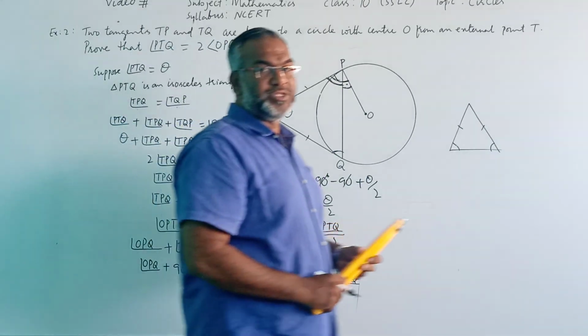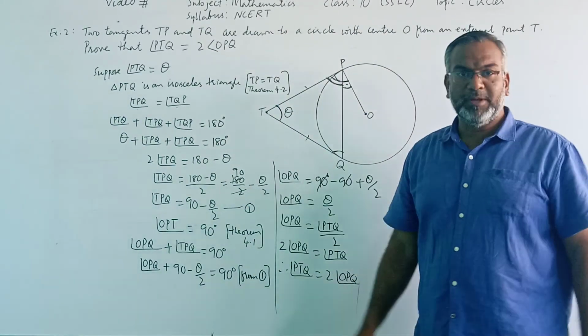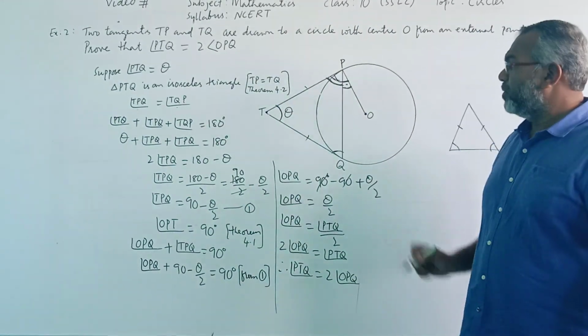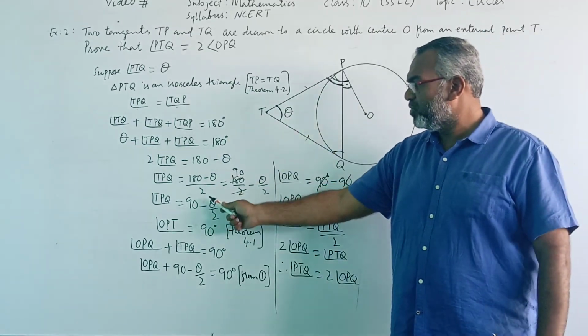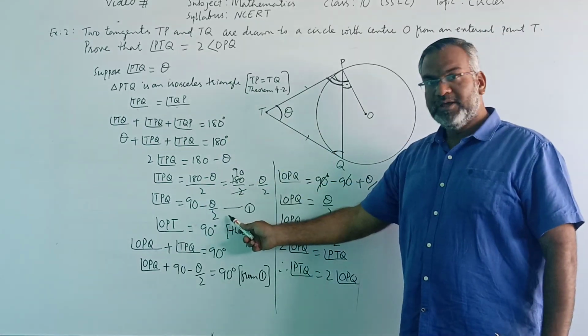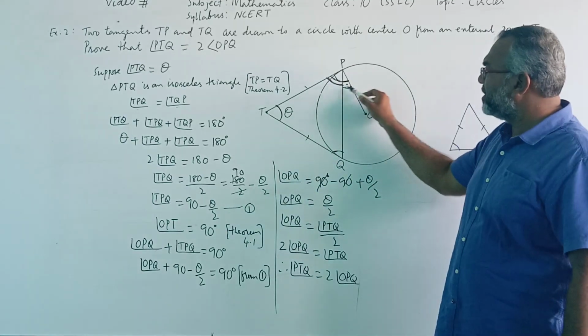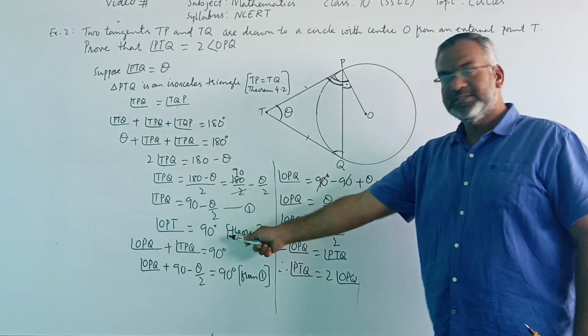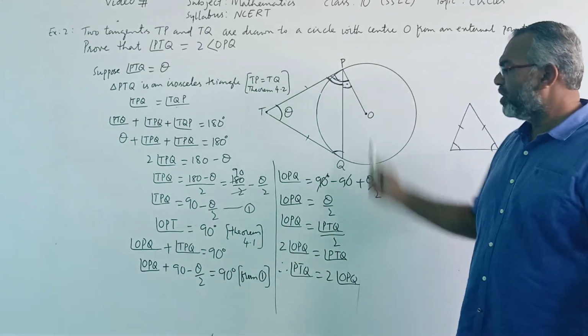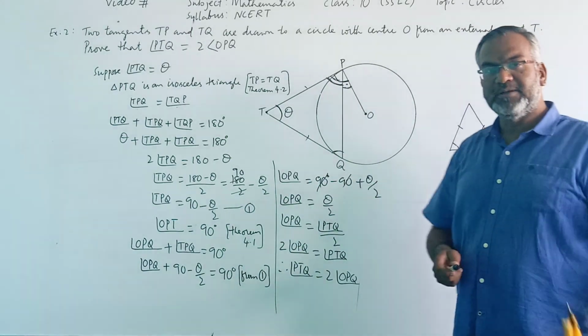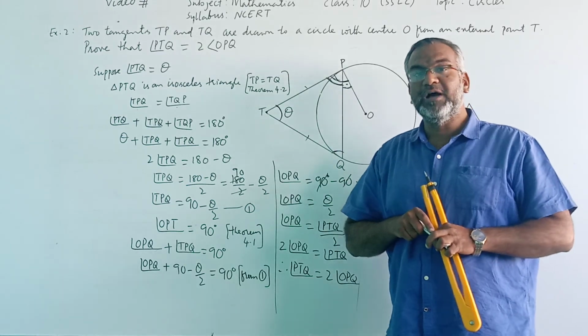Hope you all understood the question. First we took this triangle and got equation number 1. After that, we broke this complete angle into 2 parts and wrote 90, did some maths here, and got the answer. Practice this theorem and question well. It may come in the exam, right?